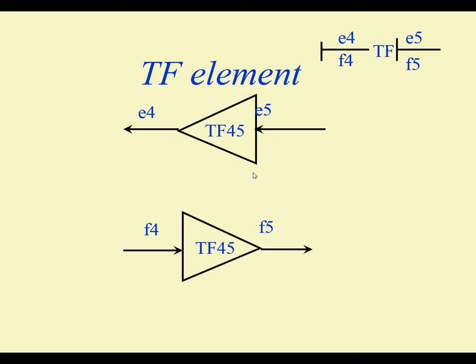This is another illustration of what it would be in a block diagram, the picture on the right-hand side. So the way you read this is, if we read it from here to there, what's the input? It is F4. What is the output?